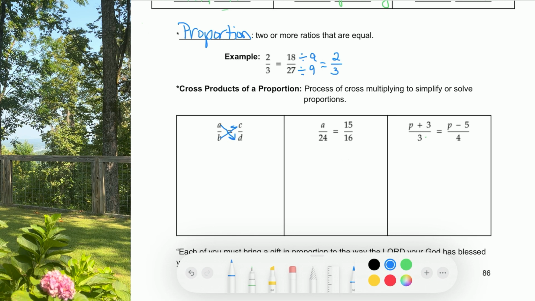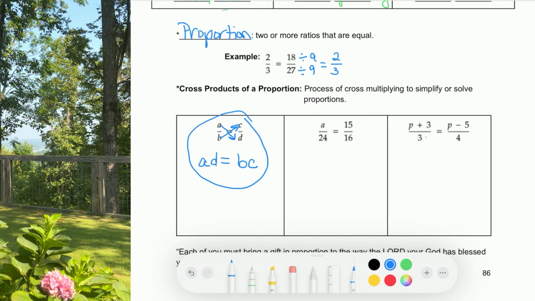So I'm going to draw my little arrows to indicate what I will be multiplying against what. I will be multiplying A times D, and I get AD. Then I put my equal sign, because now I'm going to form the other side. B times C. So I get BC. This is our pattern that we use for cross multiplying.